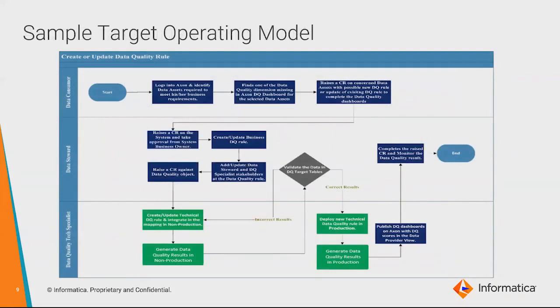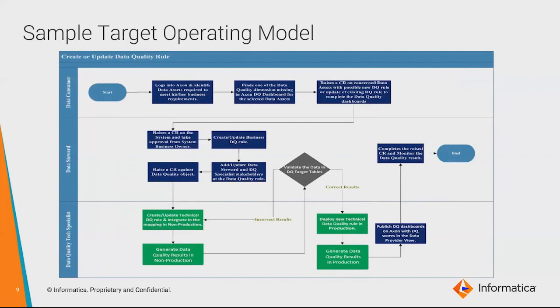Let's look at a sample target operating model for this solution. In this BAU scenario, the data consumer navigates to Axon to search for a data set required for his or her business requirement, and finds out that a data quality dimension or a data quality rule is missing for that data set by looking at the data quality dashboards in Axon.